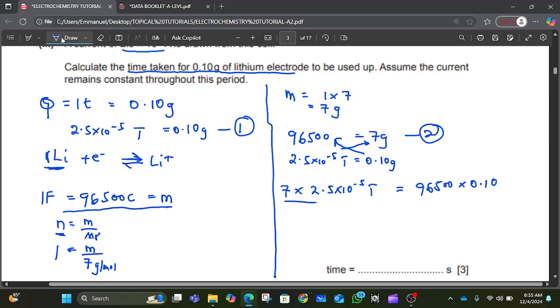And so we divide everything through with 7 times 2.5 times 10 power minus 5. And so when you do that, T gives us 5.5 times 10 power 7 seconds.